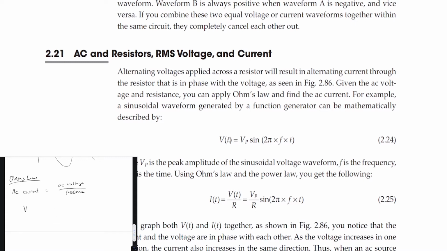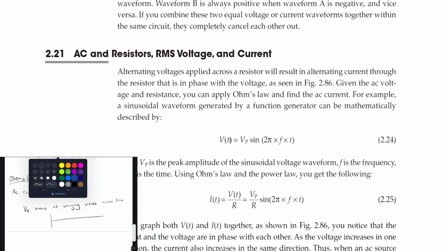Let's just write: V(t) means all varying values. Tell me if I'm wrong. V(t) means all varying values across time.